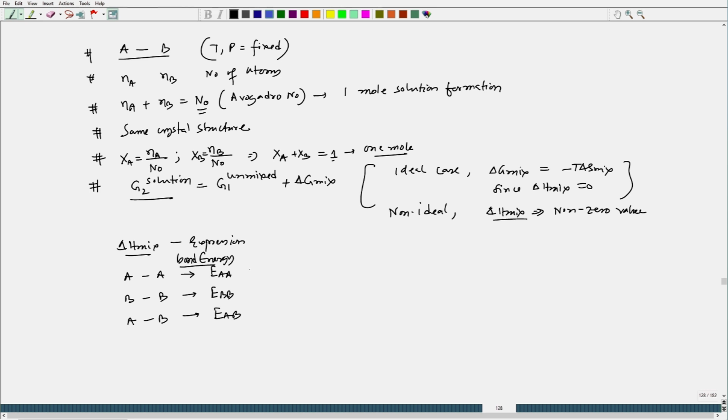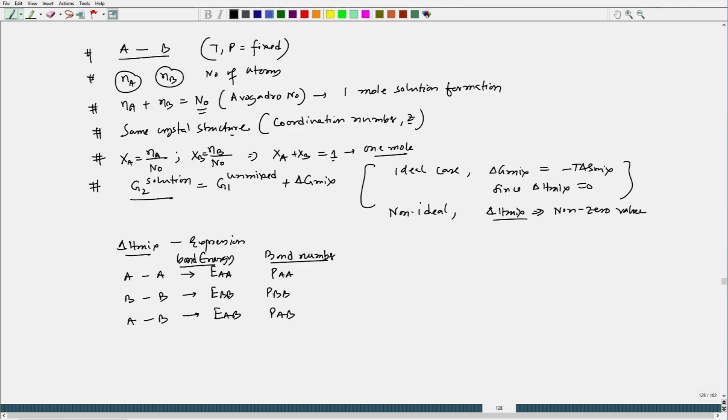Now, if we try to get the number of bonds, that can be expressed as PAA, PBB and PAB. These numbers can be calculated using the crystal structure, that is, we have to talk about the coordination number, which is Z. This Z is basically the number of nearest neighbor atoms around another atom.